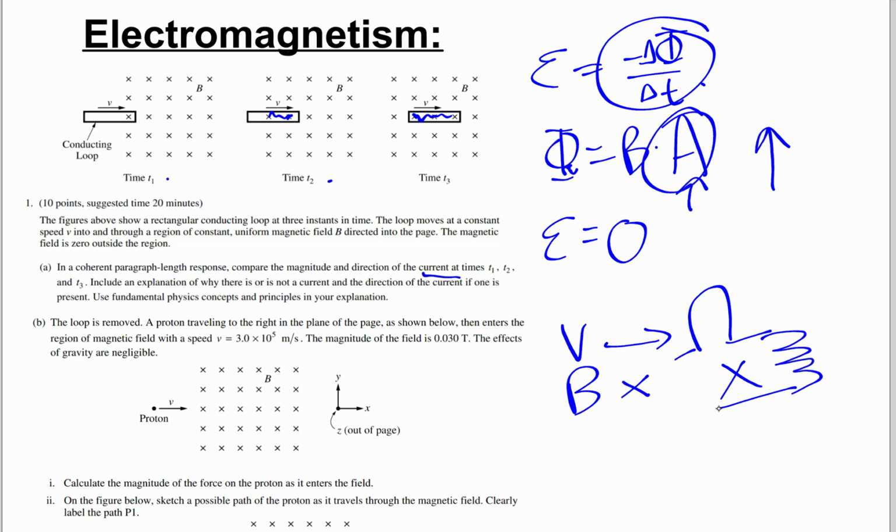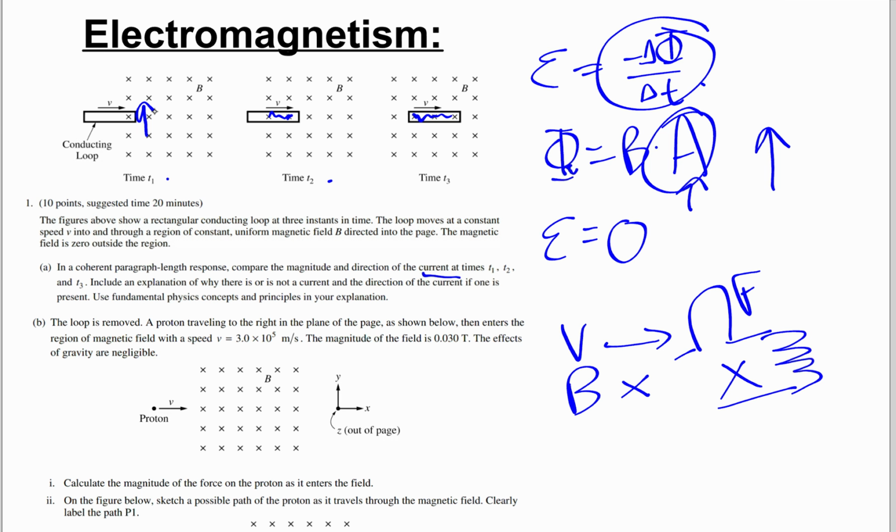Okay, so that means there's going to be a force on positive charges. That means the electrons are going to go down, but don't worry about that right now. That means that there's going to be an upward force on positive charges right here on the right hand side. Okay, on the left hand side there's no force.